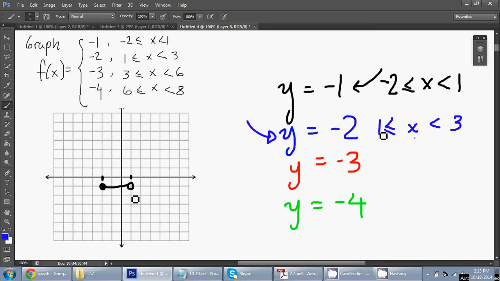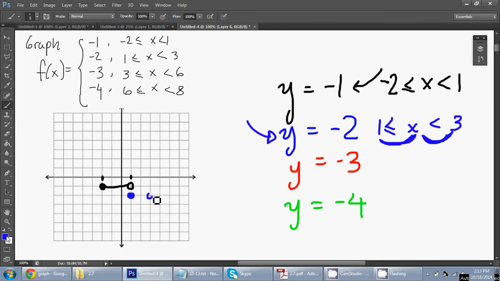So that's right here, y equals negative 2. I'm going to color it in because there's an equal sign there. And then the second condition says x is less than 3. So I'm going to find x equals 3, 1, 2, 3, and put a circle there, not coloring it in because there's no equal sign. And then just draw the line between them for the line y equals negative 2.